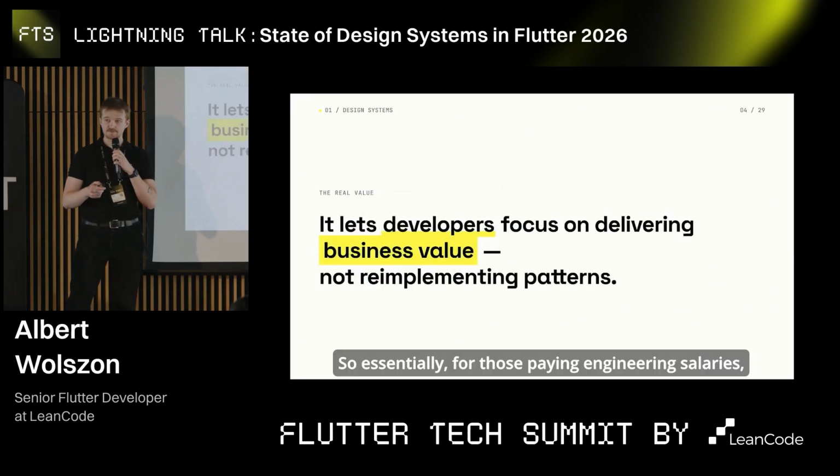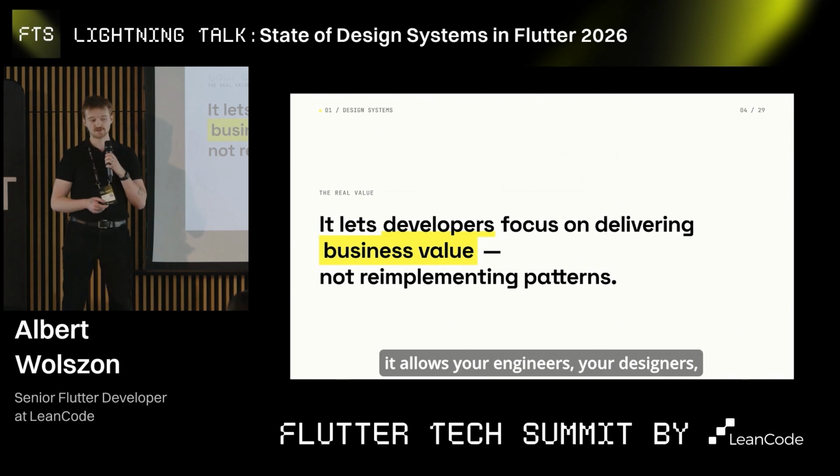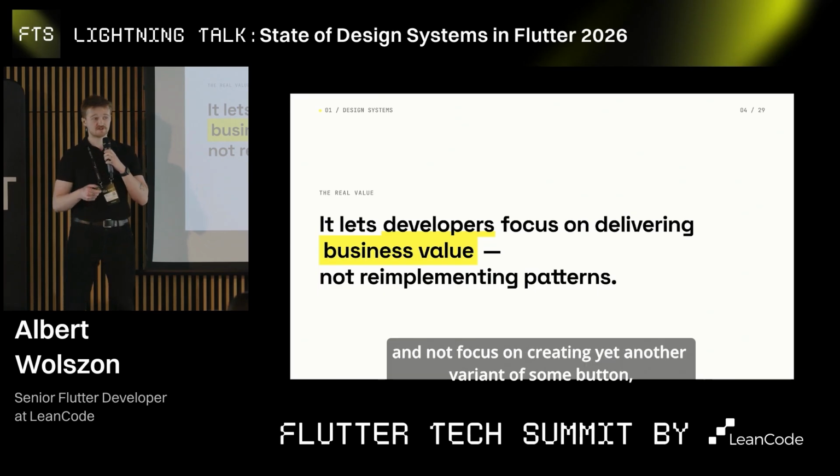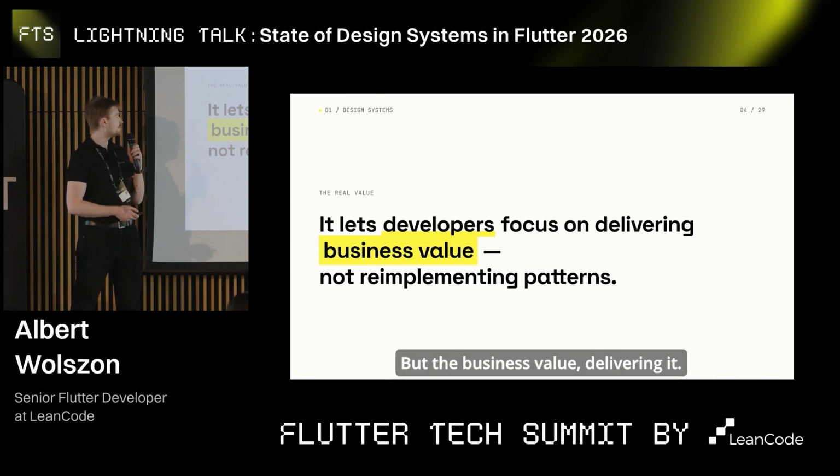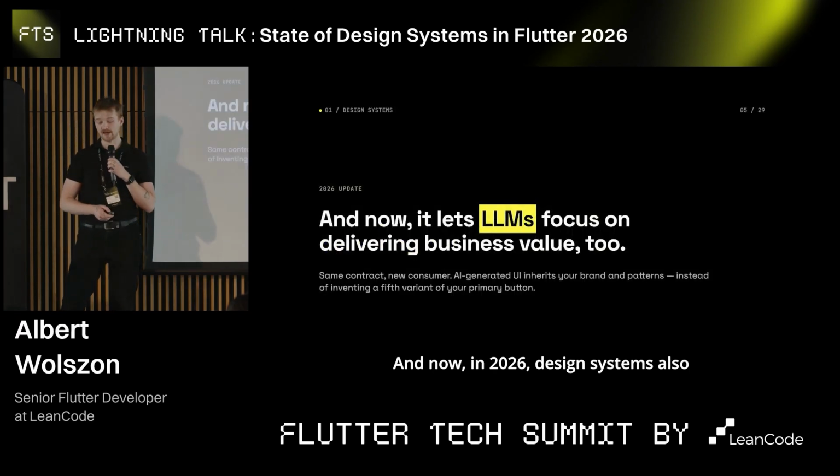But essentially, for those paying engineering salaries, it allows your engineers and designers to focus on delivering business value and not on creating yet another variant of some button or form field. And now, in 2026, design systems also help LLMs do this very same thing.